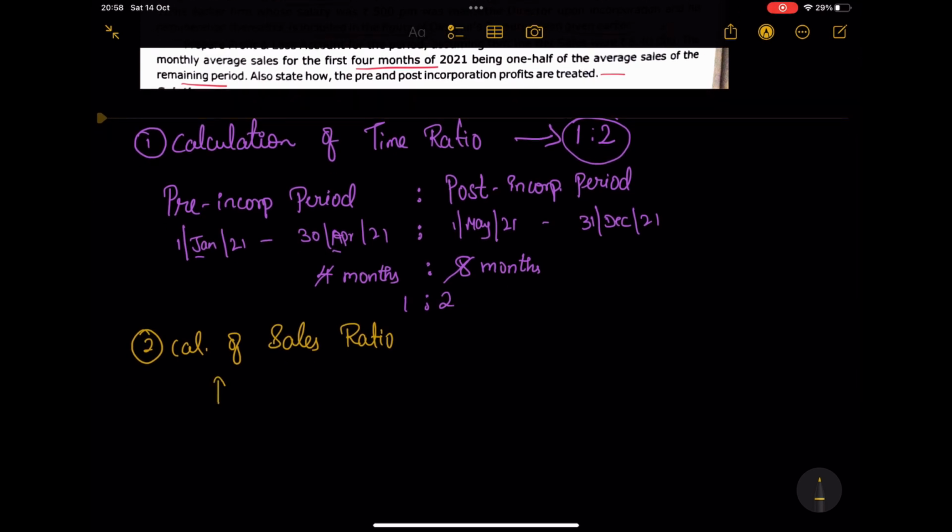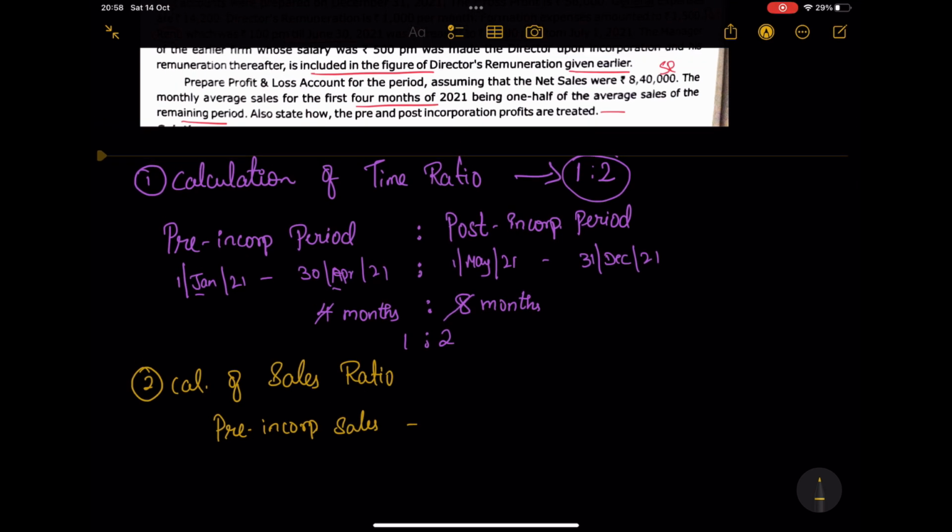So pre-incorporation sales, what they have given, the monthly average sales for the first 4 months. So we are going to assume that monthly average sales as 1. So for first 4 months the average sales were 1. So 1 into 4 months we are going to calculate, which is 4. Got it?